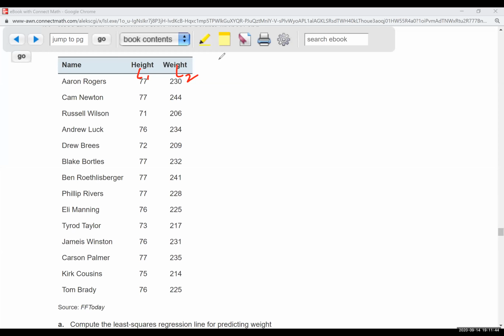Next is compute the least squares regression line. You see letter A, the question, meaning the equation of the line.